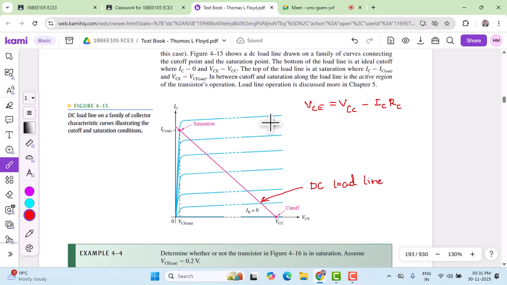Let's assume a temperature, say room temperature, 25 degrees Celsius. On this curve at 25 degrees Celsius, when the collector current is smaller, the beta DC is lower, and as collector current increases, the beta DC also increases to a higher value. Further increase in collector current makes the beta DC decrease.